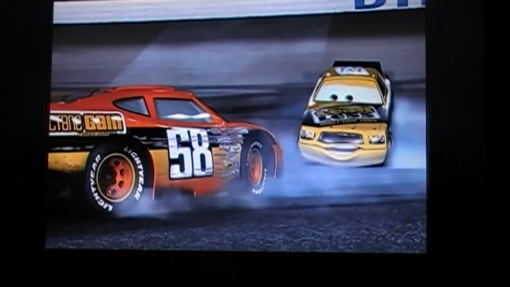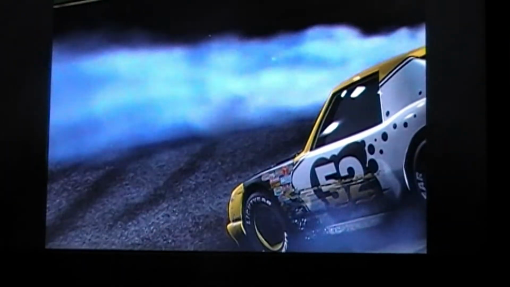Get through that, McQueen! A huge crash behind the leader. Wait a second, Darryl. McQueen is in the wreckage.